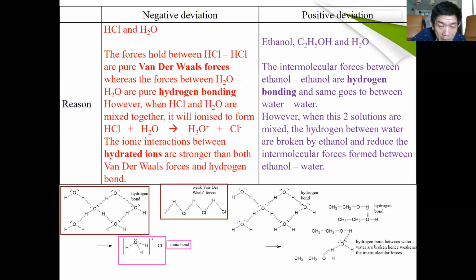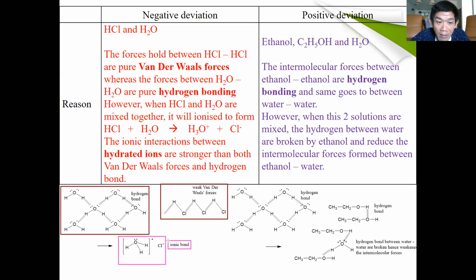So if you still remember the hierarchy of the strength of the intermolecular forces, we said ionic bond is the strongest, followed by covalent bond. Then for covalent bond, you have three different categories. We have hydrogen bond, which is the strongest among the covalent intermolecular forces. Then we have permanent dipole intermolecular forces. And then we also have temporary dipole or induced dipole intermolecular forces. So that is the weakest among all.